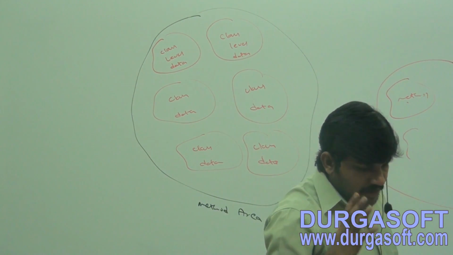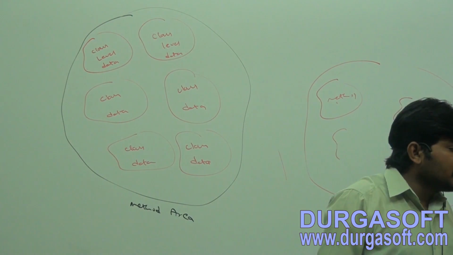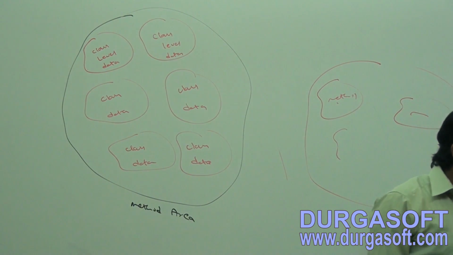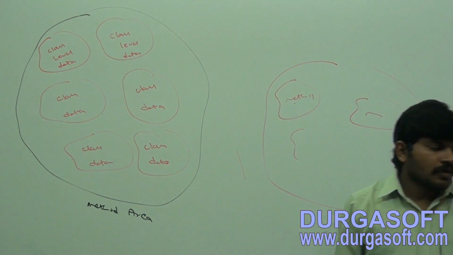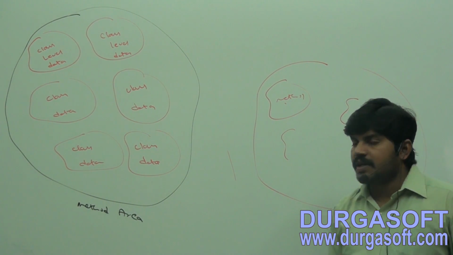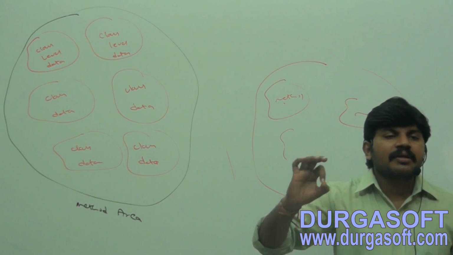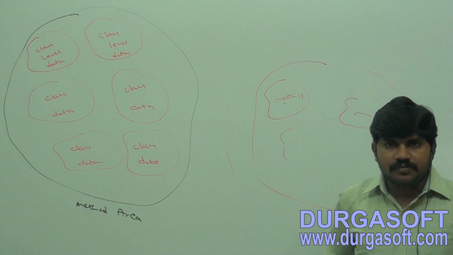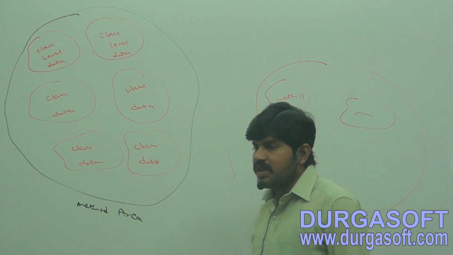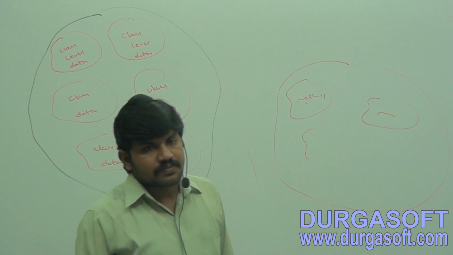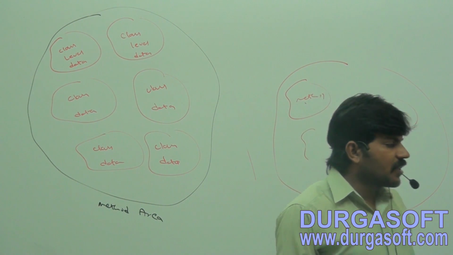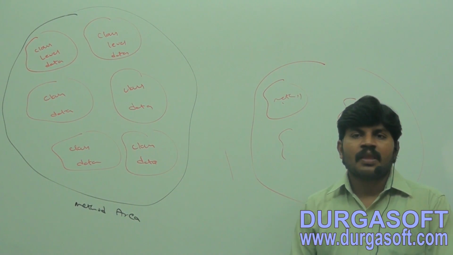First point, for every JVM, one method area will be available.